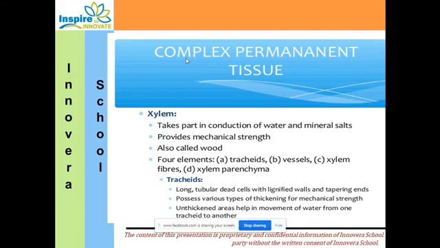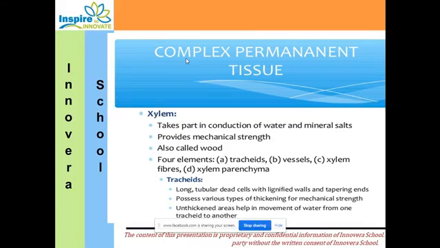First one, if you can see here, tracheids. These are long tubular dead cells. We all know the concept of living cells and dead cells, and we also know that if the cells are dead, they secrete a substance which is very strong, cement-like, and which makes the cell very strong.